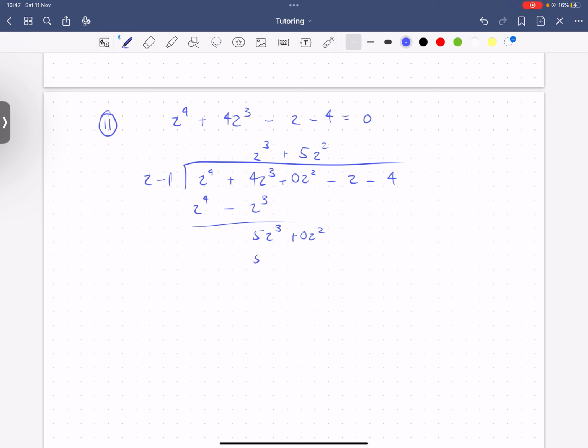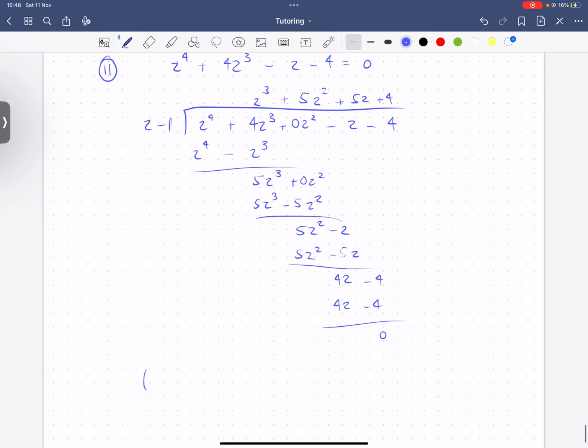So then we've got 5z cubed minus 5z squared. So we're going to have 5z squared minus z plus 5z. 5z squared minus 5z is 4z, and then minus 4. Got a plus 4 up here, so 4z minus 4 is 0. So we've got z minus 1, z cubed plus 5z squared plus 5z plus 4.